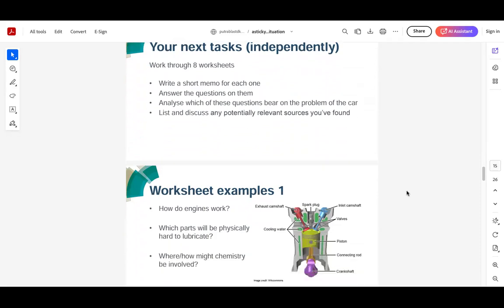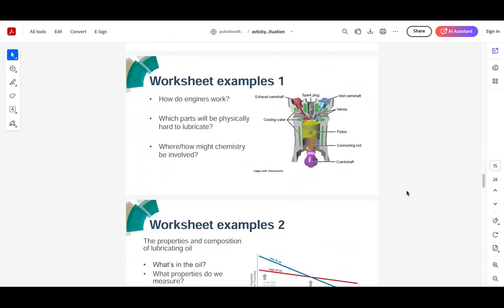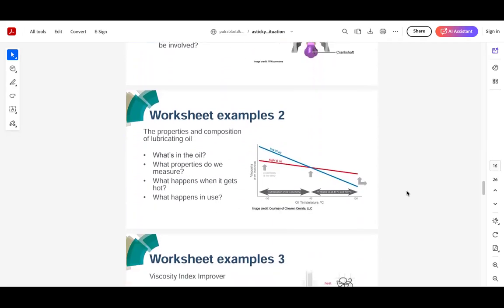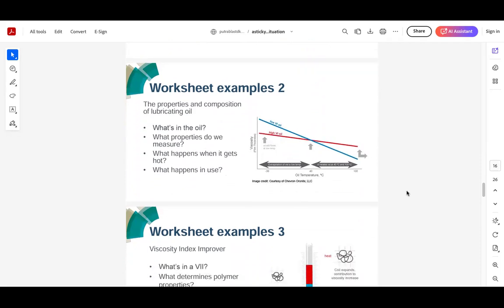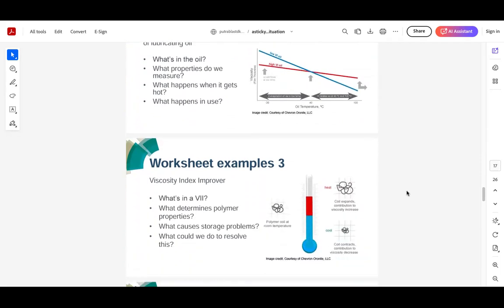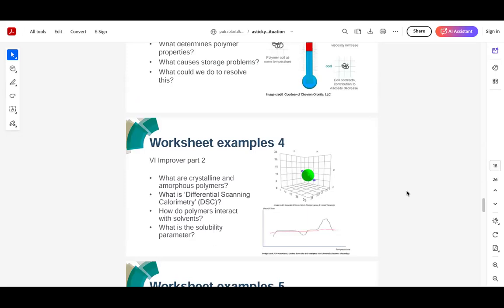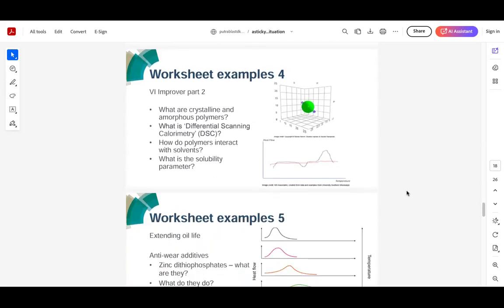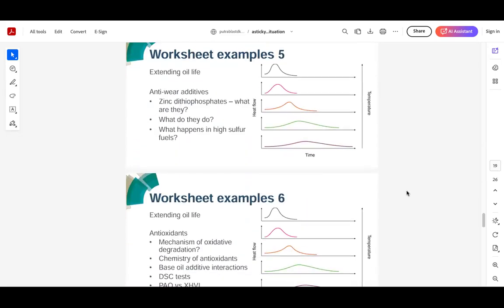This is for group 1. Some of you might know about engine oil, some of you do not, so you have to study. These are some information about engine oil.